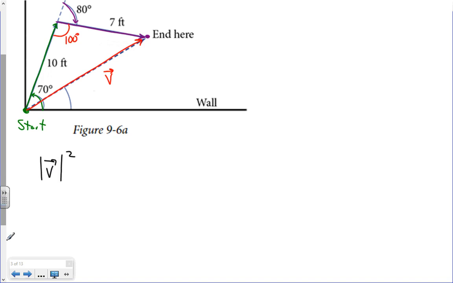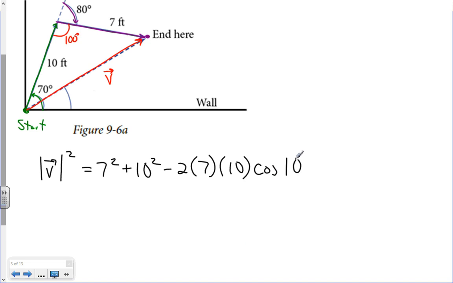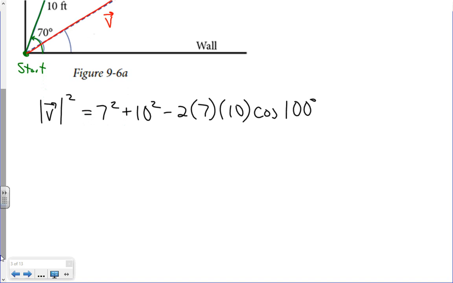Law of cosines says you take that side squared and you set it equal to the 7 squared plus the 10 squared minus the 2 times 7 times 10 times the cosine of my angle, which we just came up with was 100 degrees, the angle that's opposite the side that I'm looking at here on the left side. So there we go. We just got to plug that into our calculator and find out what the magnitude of vector v is. So grab your calculator and let's try that out.